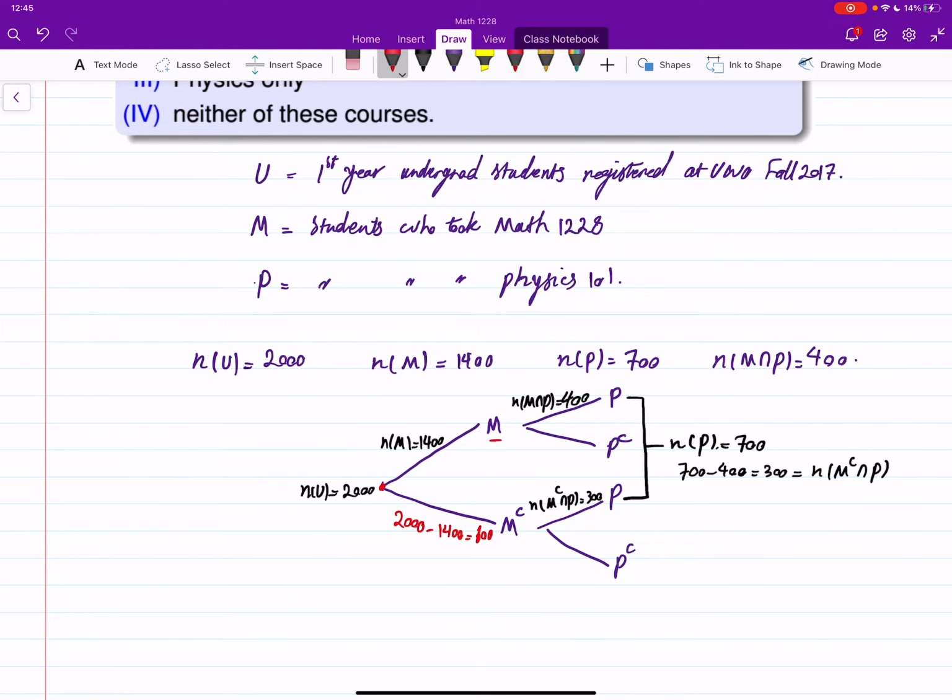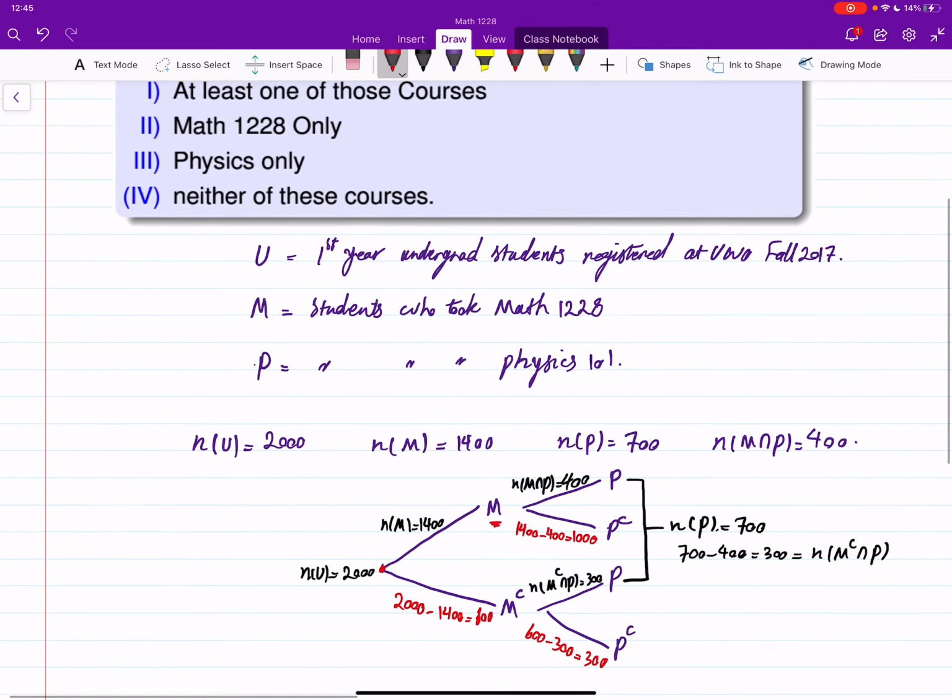For this, the incoming is 1400, one of the outgoings is 400, the rest will go to the other branch, so it will be 1000 here. And the same story repeats here, so we have 300s as well. Okay, so now we have all the information we need.